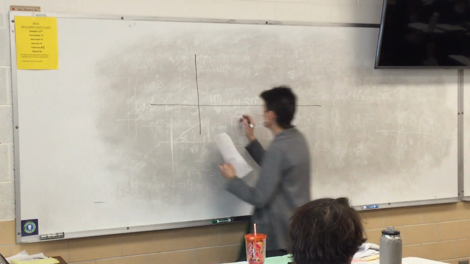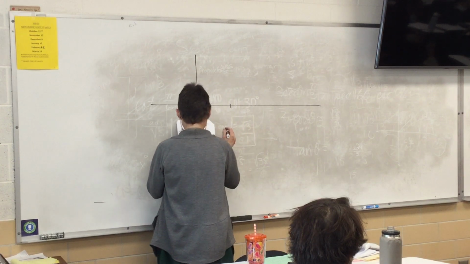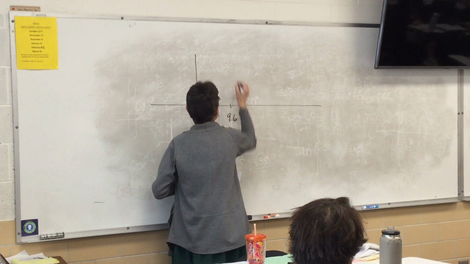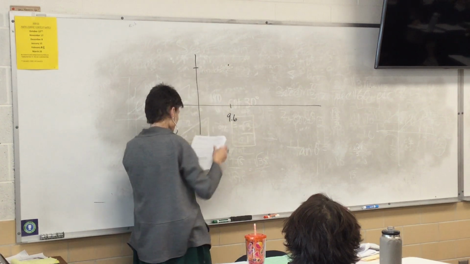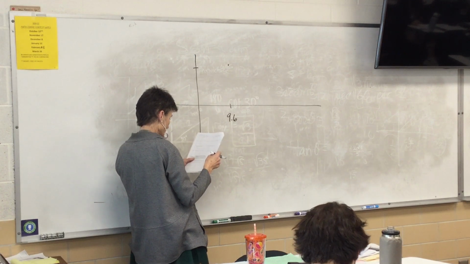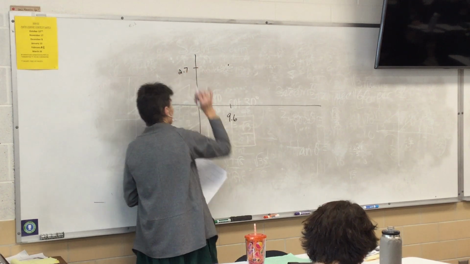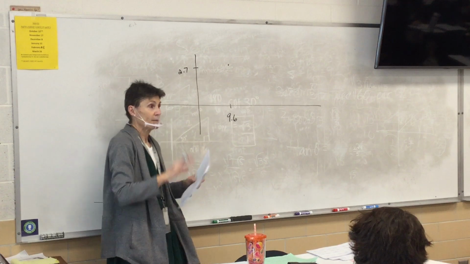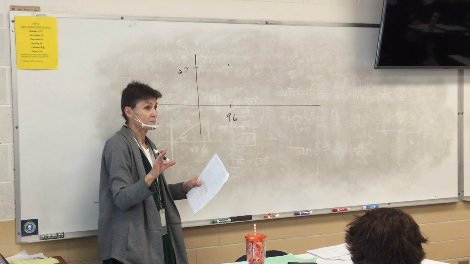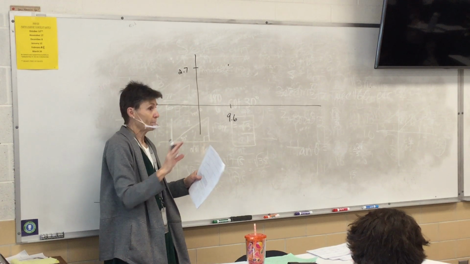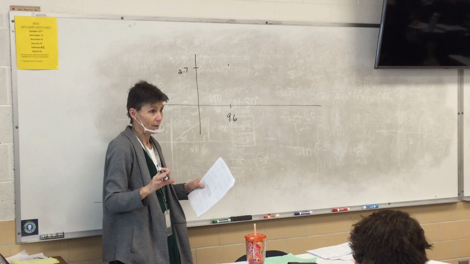So I am going to put high tide at 9.6. And that high tide mark is 2.7. Everybody understand what I just did with my minutes? I don't want to mess with minutes, so I'm going to use decimal hours.